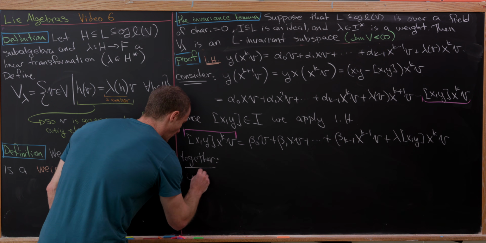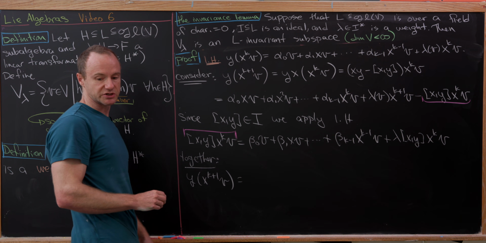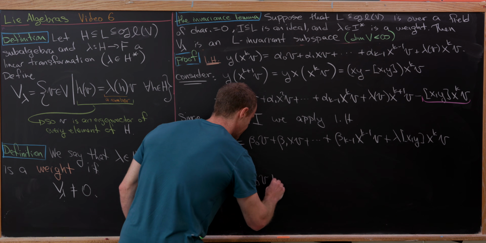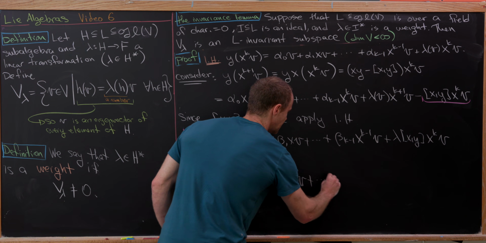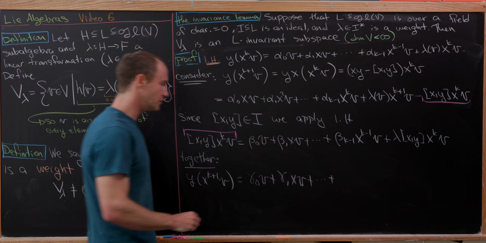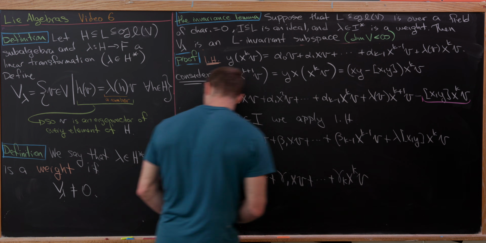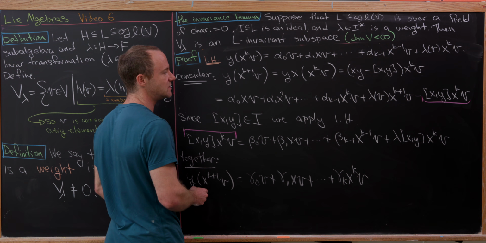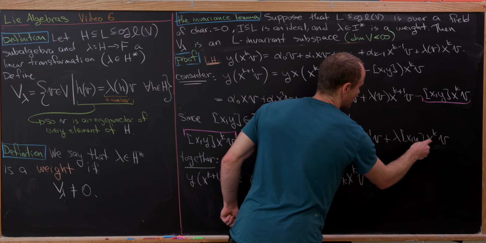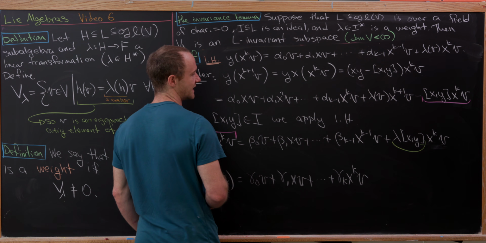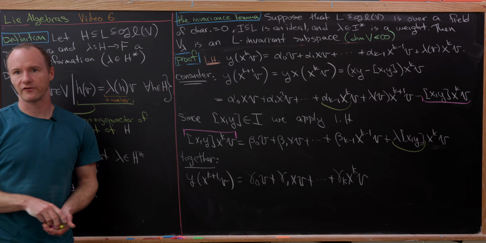So let's write that down. y x to the k plus 1 times v will now be equal to something that I'll call gamma naught v plus gamma 1 xv, all the way up to what I'll call gamma k x to the k v, where let's take a minute to note that gamma k is a combination of this number right here, which is lambda evaluated at bracket xy, and this number right here, which is our alpha k minus 1.